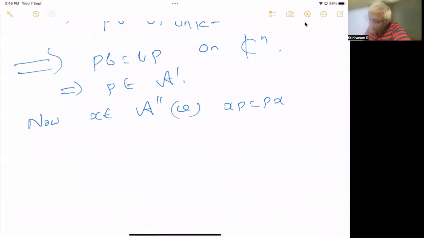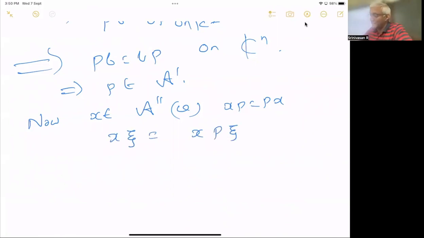Now X xi, X acting on xi, equals X P xi, because xi is in K, and P acting on xi is xi.